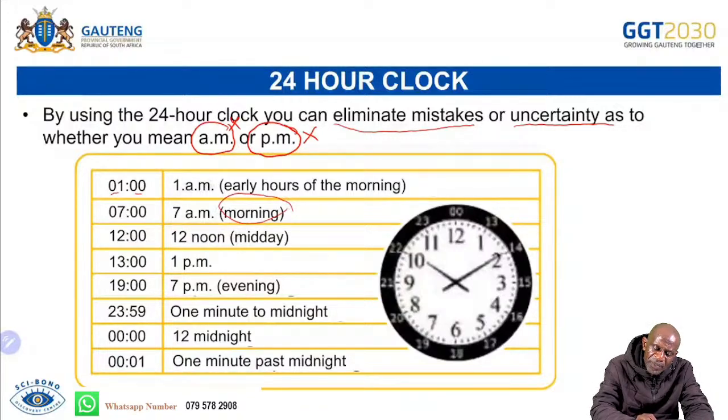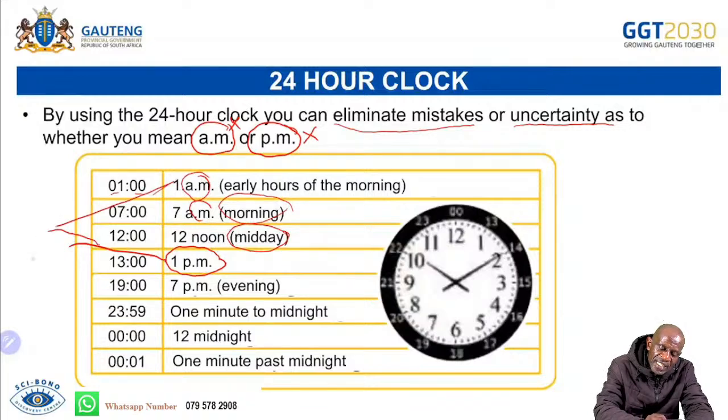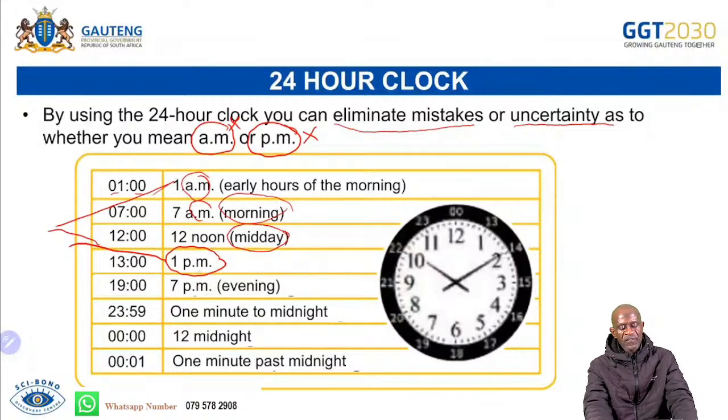I don't want to also call them the AMs, but 12 suggests that we have 12 hours, which is midday. 1300 hours refers to the afternoon, 1 p.m. So the 24-hour clock eliminates this confusion where you'd say it's 1 in the morning or 1 in the afternoon.